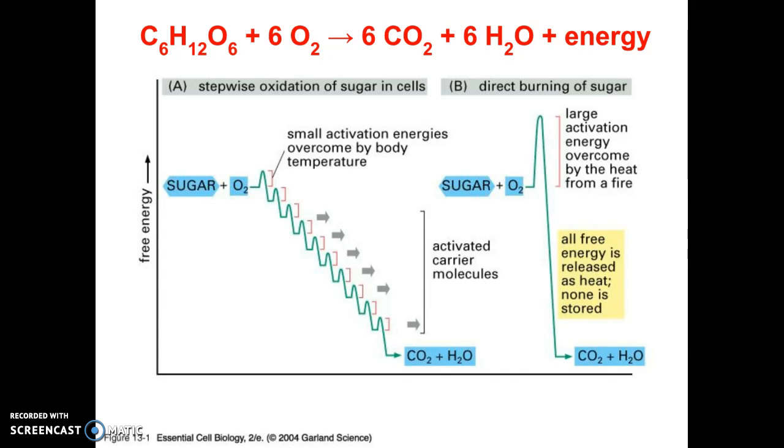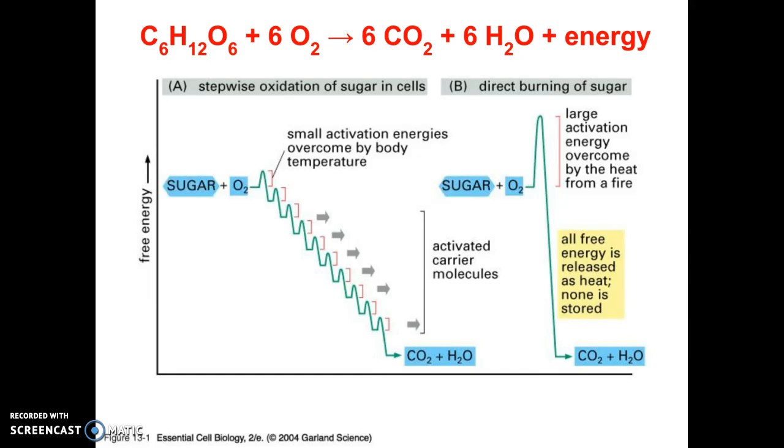So when we break down sugar, we're going to do it in many steps. And there's a reason for that. By breaking down into many steps and having all those energies put into activated carrier molecules, less of it is lost as heat.